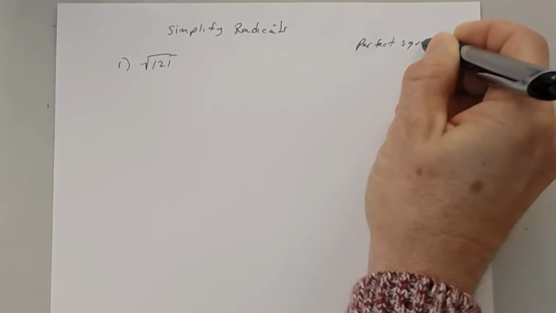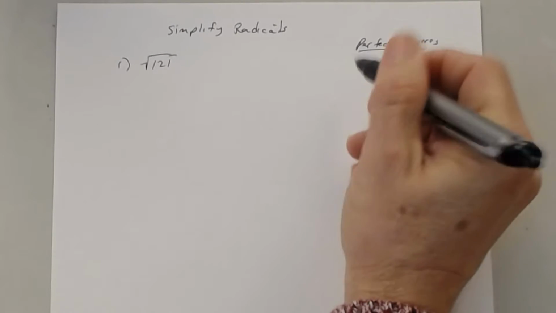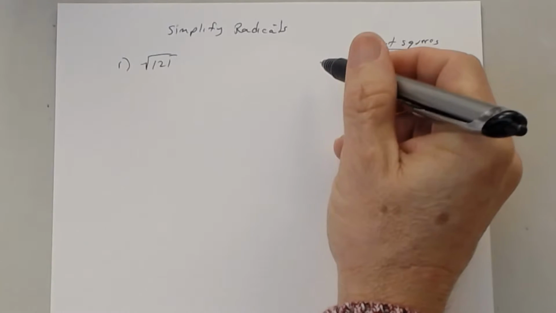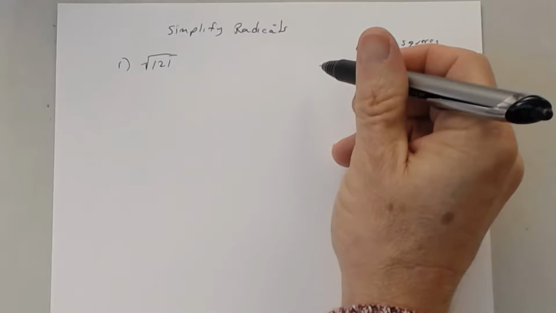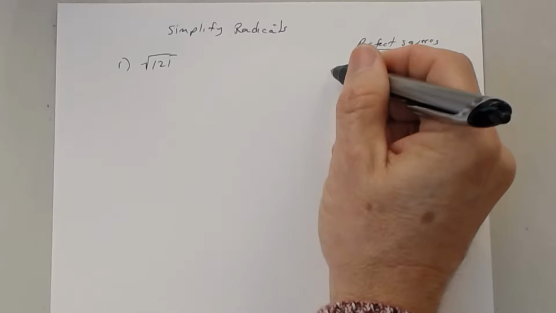There are an infinite number of them, but the ones you need to know right now: the smallest perfect square is 1.